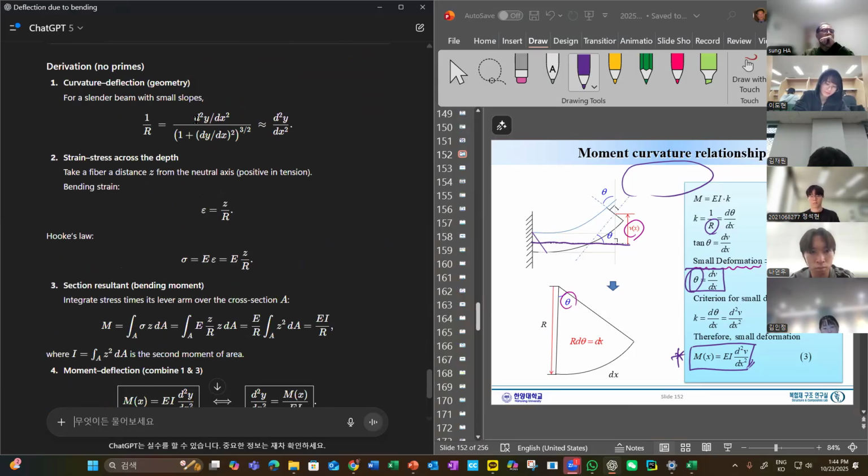So this is the one. Double prime. Oh man. What the heck. Okay, so this is the one.